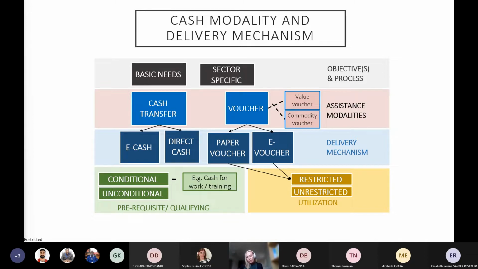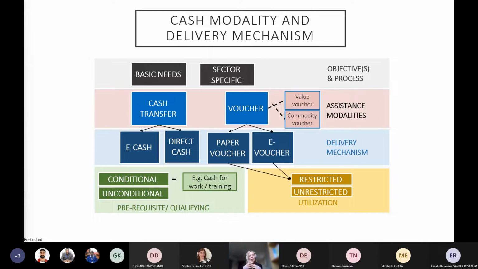And then ideally we go with an unrestricted modality, through either the electronic and direct cash, so people can buy what they need. We often see soft restrictions, meaning that we do give people, for example, mobile money, but with the expectation that they would spend the cash on food or on shelter.